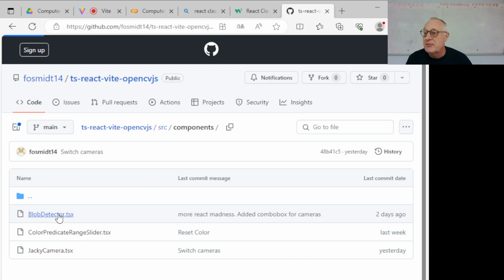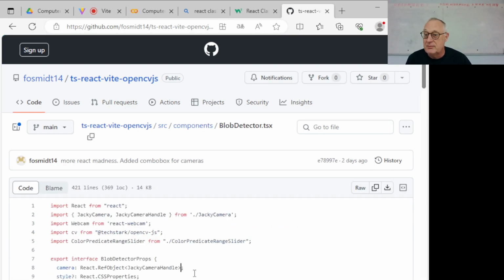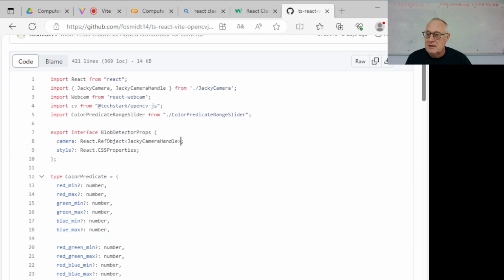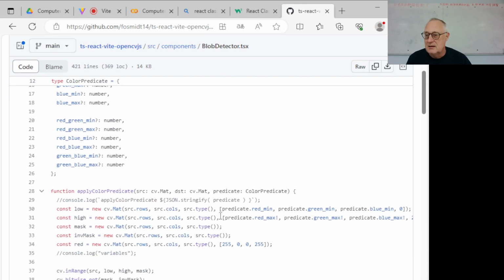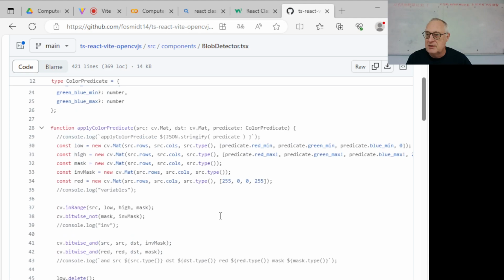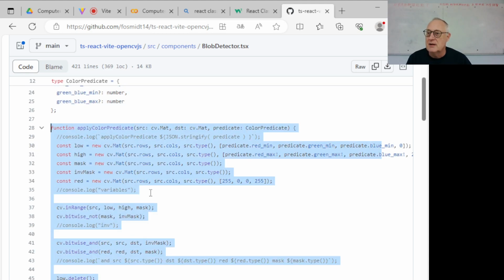And this is my first React app, so maybe there's a better way to deal with this, but here is the actual code for the block detector, for the color predicate in TypeScript. And here, this is what I would consider a function, right? It does one thing exactly, it applies the color predicate.